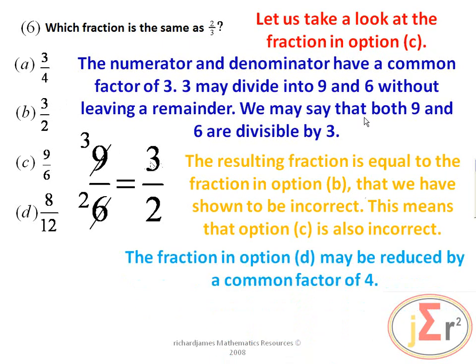The fraction in option D may be reduced by a common factor of 4. Why do we know that this one can be reduced by a common factor of 4? Why? Because 4 can go into 8 without leaving a remainder, and 4 can go into 12 without leaving a remainder.